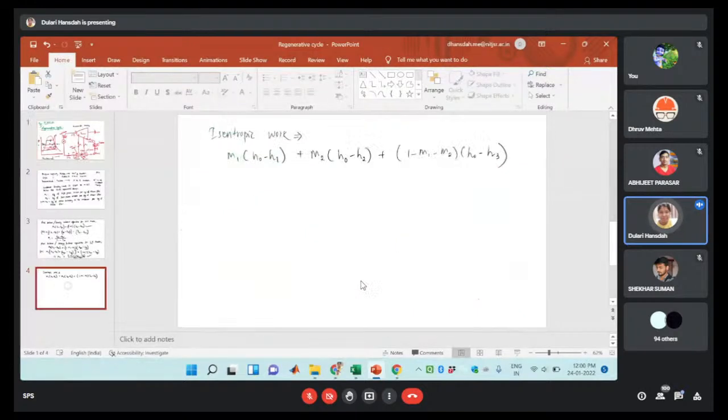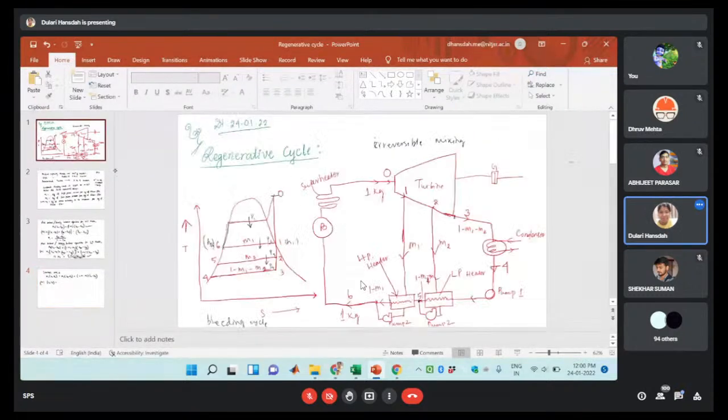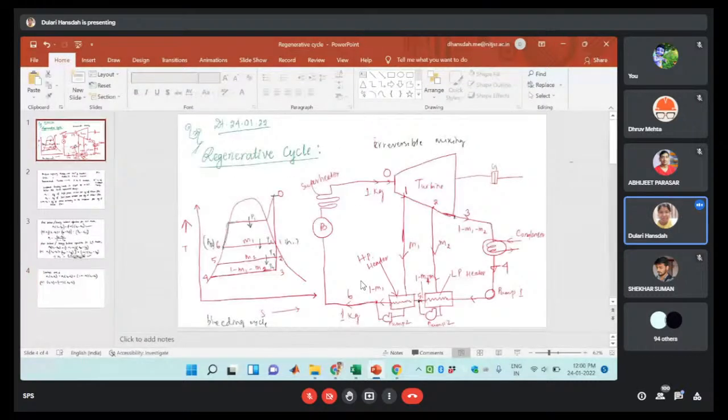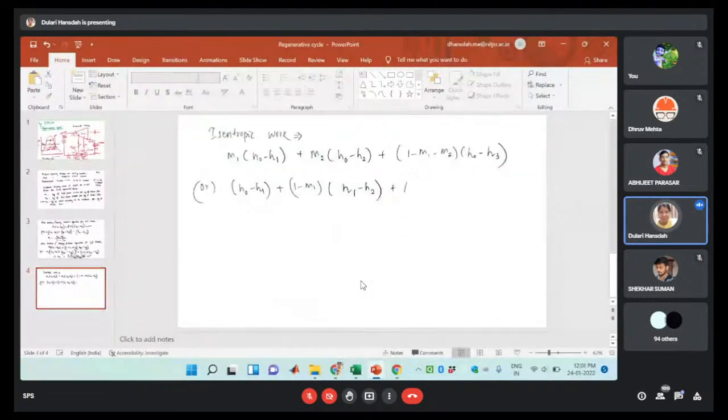So we can write it this way also, that is H0 minus H1 plus 1 minus M1 into H1 minus H2 plus 1 minus M1 minus M2 into H2 minus H3.